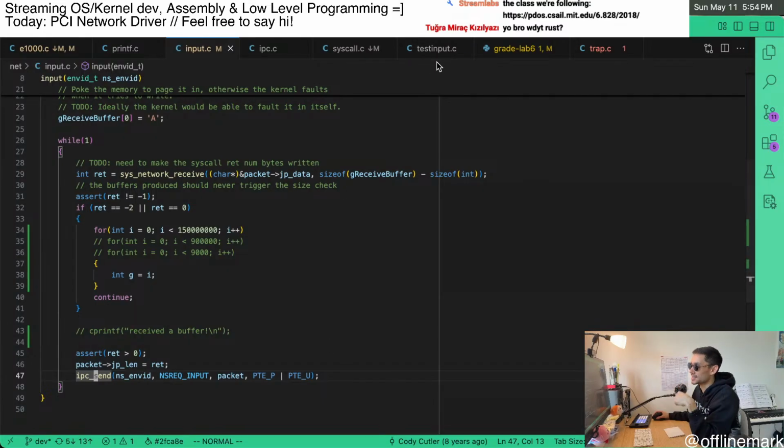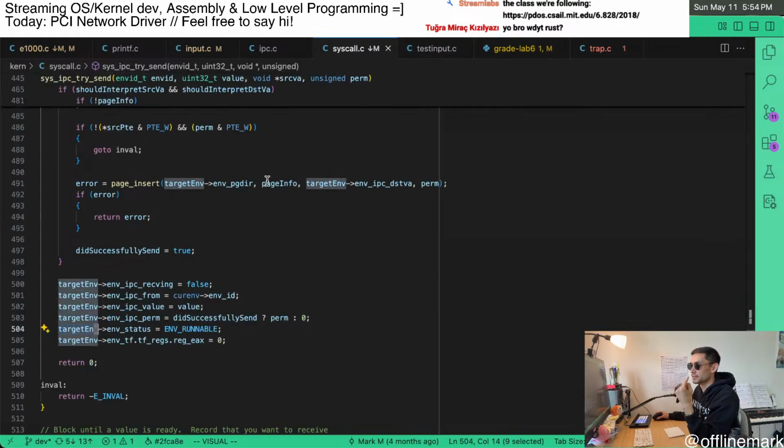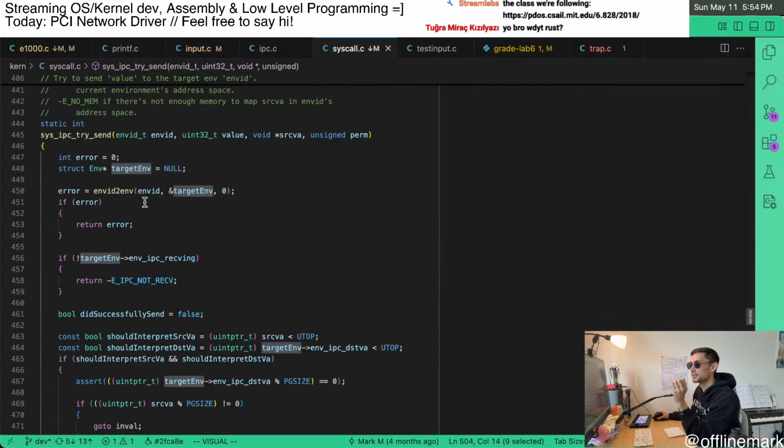Well, it blocks in the sense that, okay, let me correct that actually. It kind of blocks here. So if the target that we're trying to send stuff to, if there was some kind of error that didn't cause a panic, like, okay, what are the possible errors?